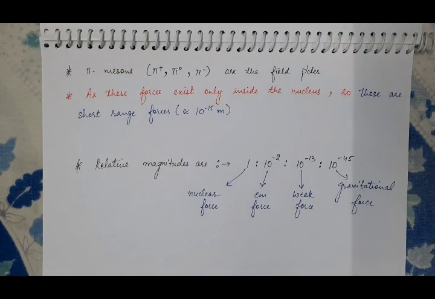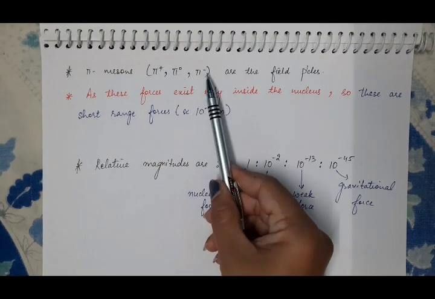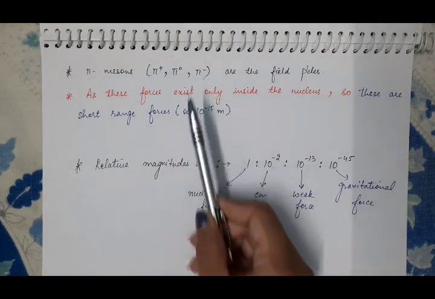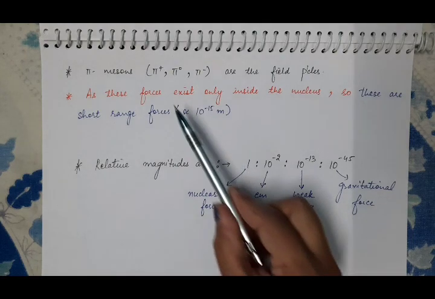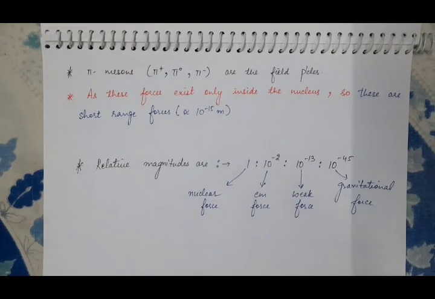Then what will be the field particle in this case? The pi mesons. There are 3 types of pi mesons: pi plus, pi 0, pi minus. This plus, 0, minus are the charges on these pi mesons. These are the field particles. So why are there 3 field particles?